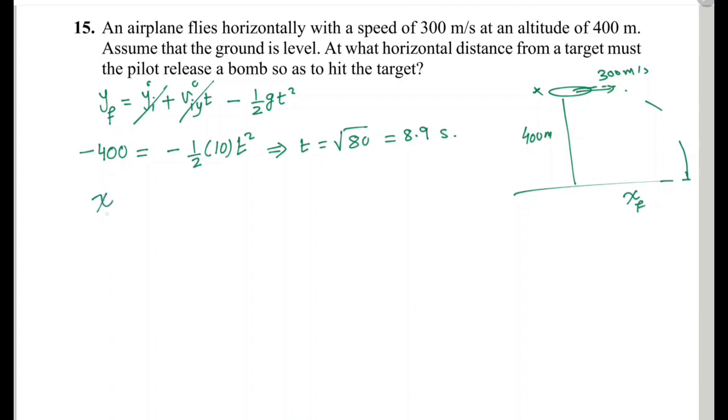Now x final, that's what we are looking for, equals x initial plus the initial x velocity times t.